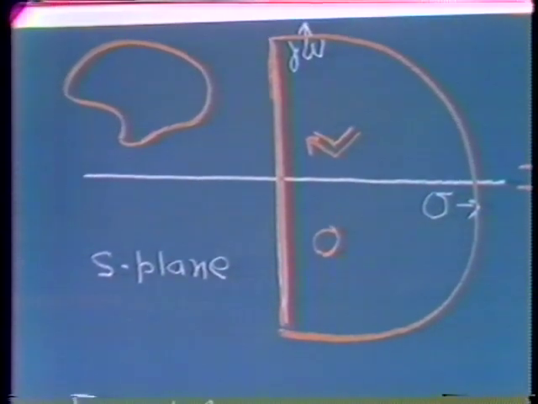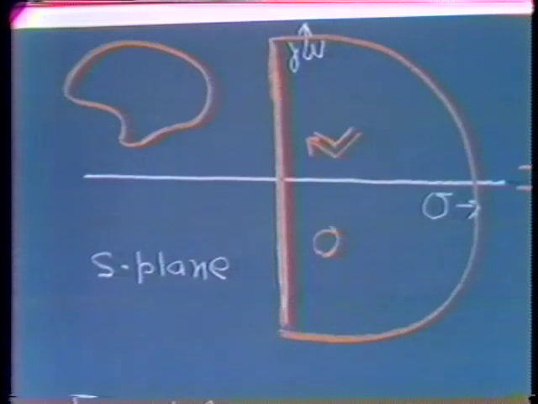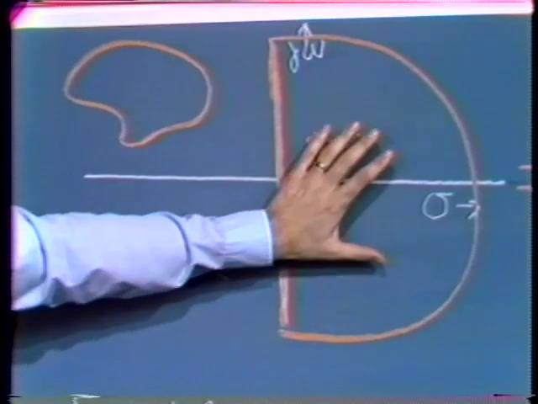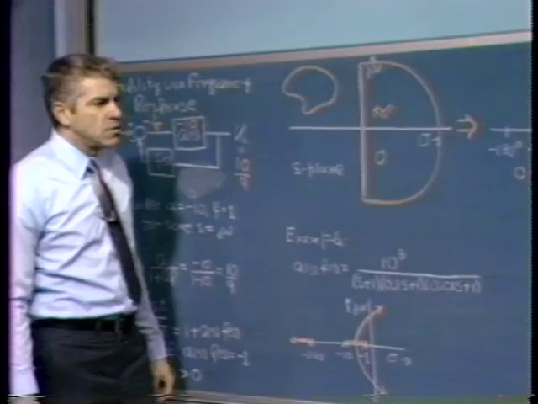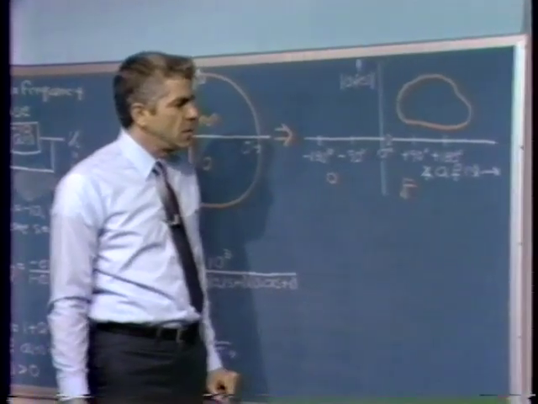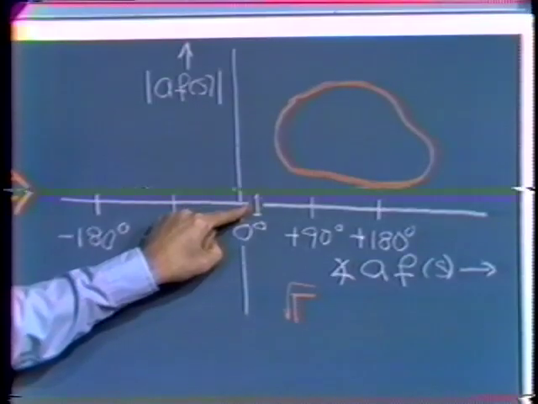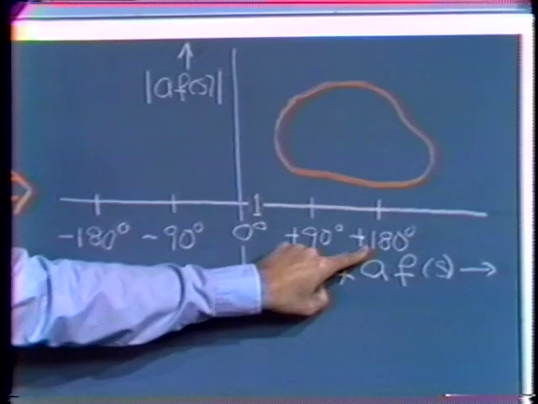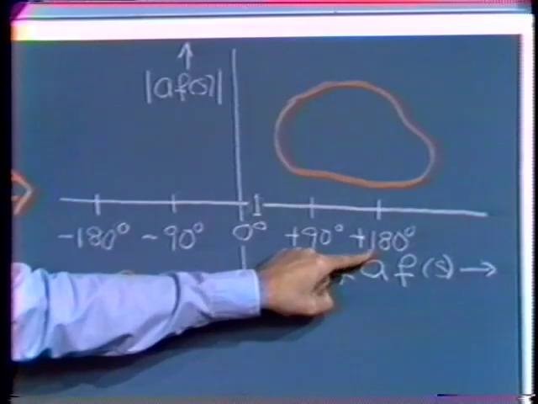So what we do is evaluate S on a contour like this that includes the region of interest, and what we want to know is whether there are any -1s of the AF product that correspond to values of S in this region. Well, the thing that gives us some leverage is the fact that the -1s are very clearly discernible in the AF plane. Let's consider how we identify a -1 in the AF plane. Well, a -1, of course, is a magnitude of 1 and an angle of 180 degrees or -180 degrees, or in general, odd integral multiples of 180 degrees.